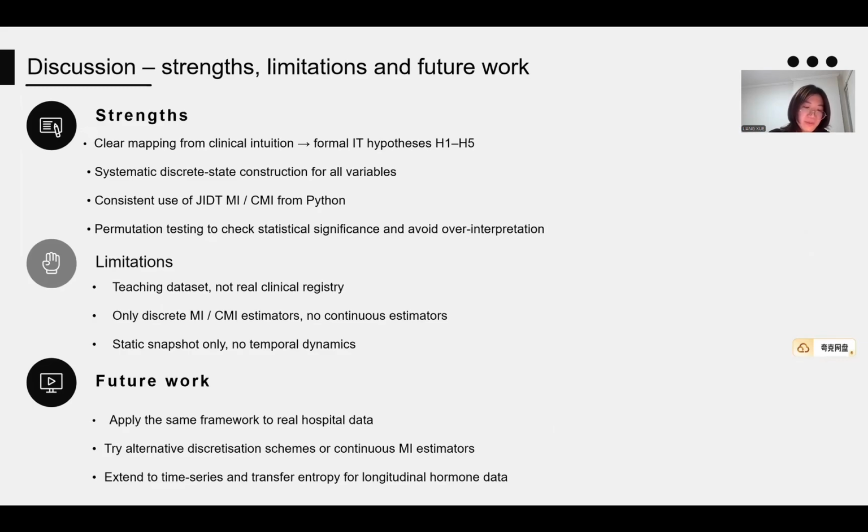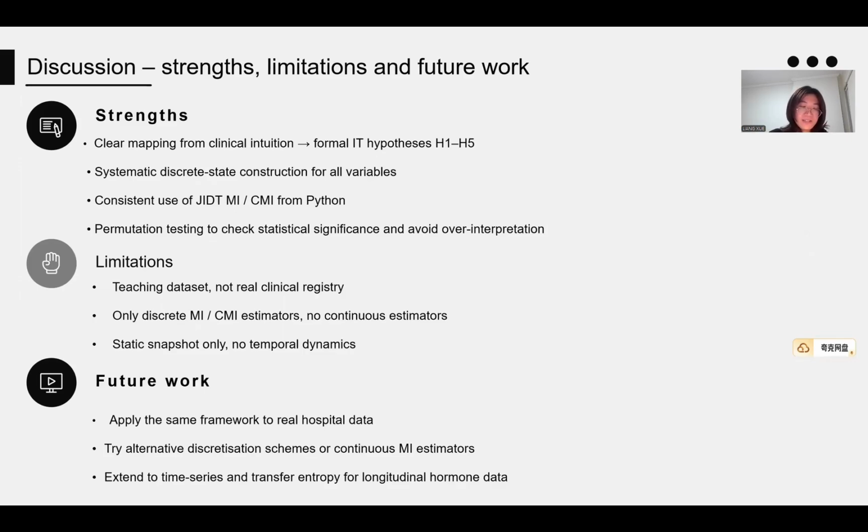This project maps a clinical intuition into H1 to H5, uses a consistent discrete encoding for all variables, applies JIDT MI and CMI estimators from Python, and uses permutation testing.